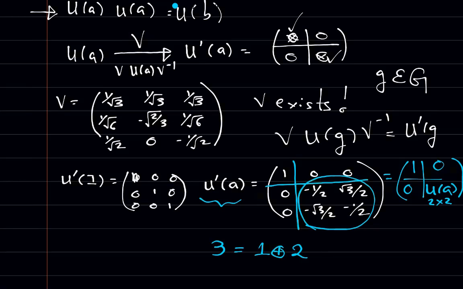Well, let me remind you, when I say dimension, think about basis. Every representation is built upon a basis. The 3x3 representation is built upon a vector space whose basis set has 3 elements. That's why we have a 3x3 matrix.